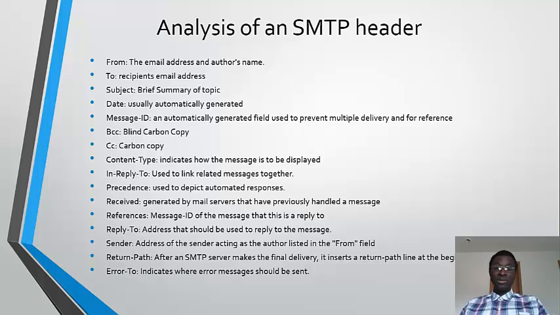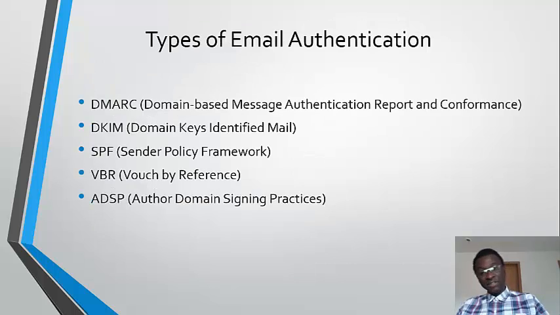This is a field that is very important, and it can easily be spoofed. That means the content of this field can be changed, which can deceive the recipient about the true sender of the email and the author's name.